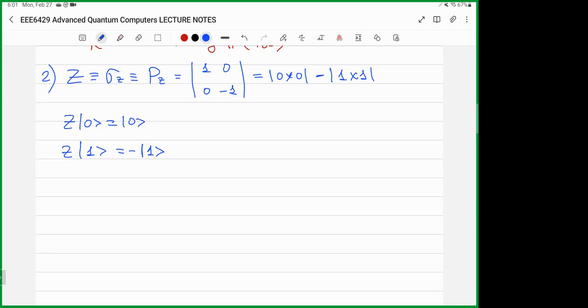So it leaves unchanged the states 0 and 1. But what about, for example, the state plus? Let's figure that out. So my operator Z is 0, 0 minus 1, 1. And the plus state is 1 over square root of 2, state 0 plus state 1.